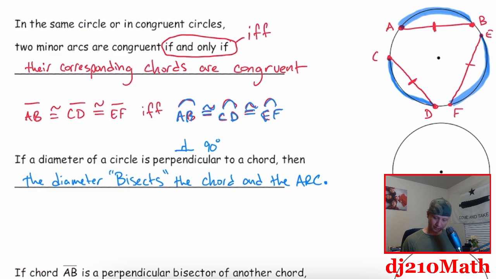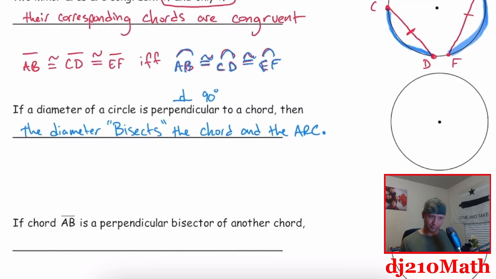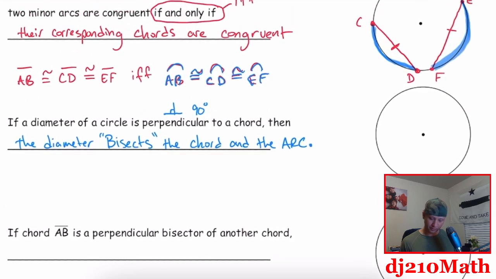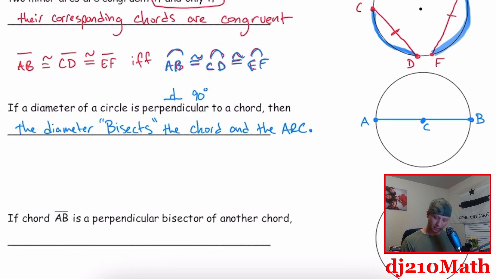So what I'm saying is, here we have a circle. Here's a random diameter. We can call this AB. AB is the diameter of circle C. And suppose that diameter intersects a chord DE.